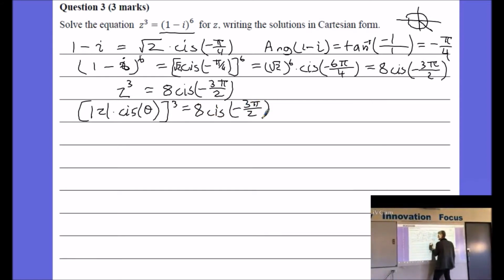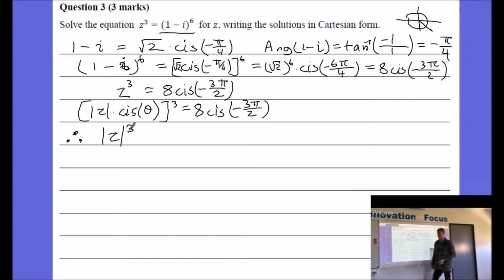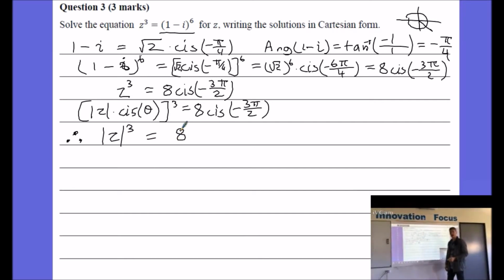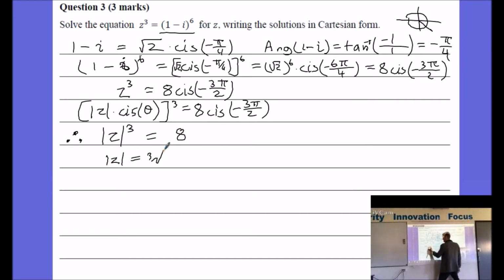Now on the left-hand side we can apply De Moivre's theorem, and this allows us to identify that the modulus of z cubed on the left should also be the same as the modulus of the polar number on the right-hand side, 8. So from that, the modulus of z must be the cube root of 8, which is a 2.